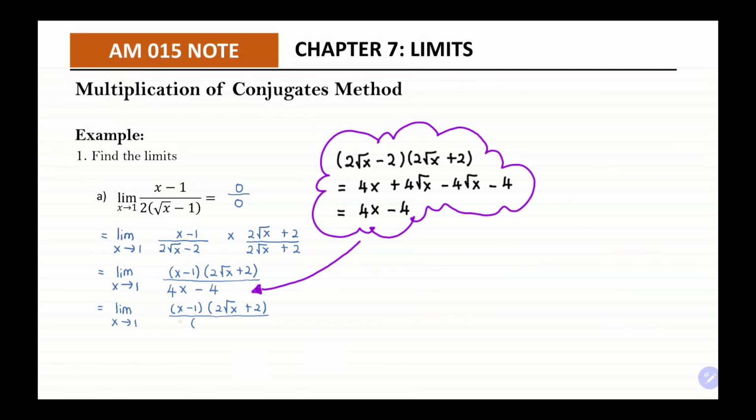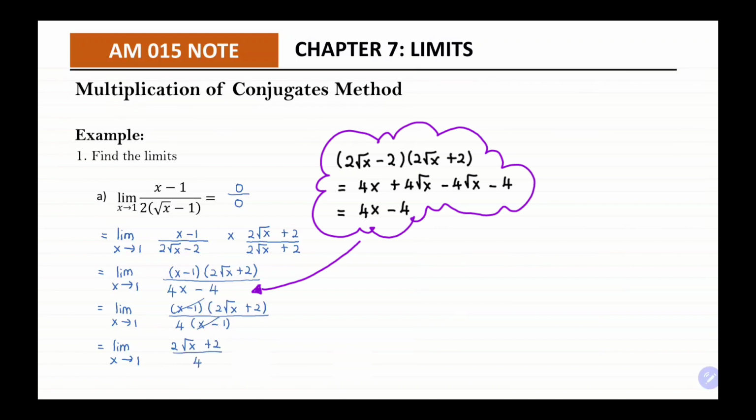We can factorize 4, then we get (x - 1). We see there is something the same, so we can cancel out. Then we get limit x approaches 1, (2 + √x) over 4.